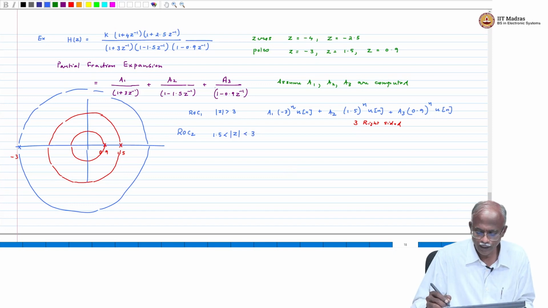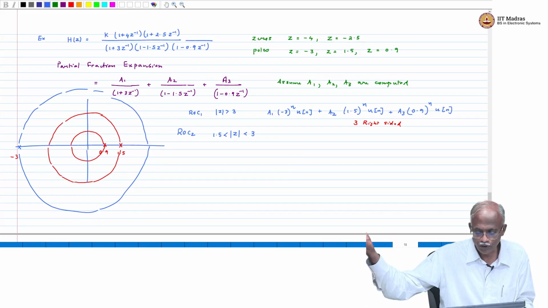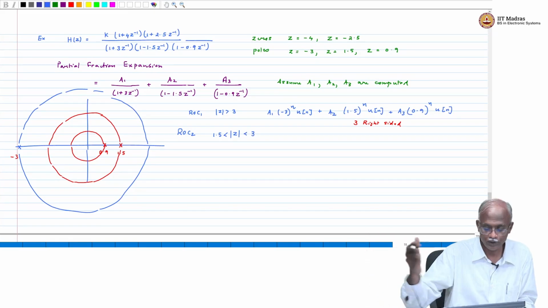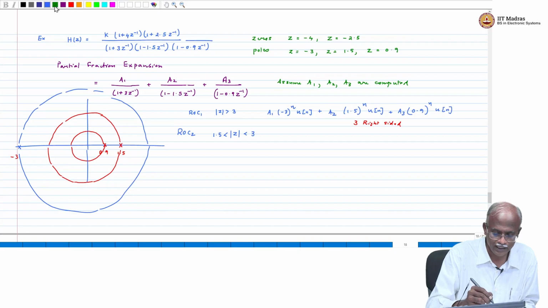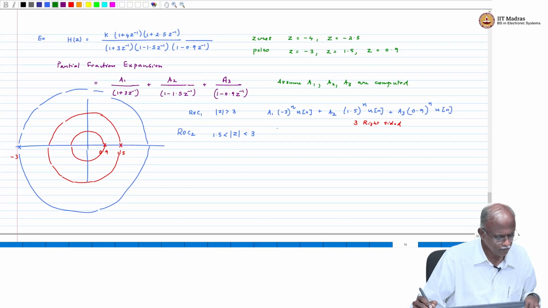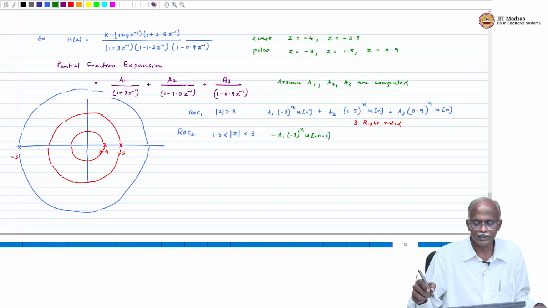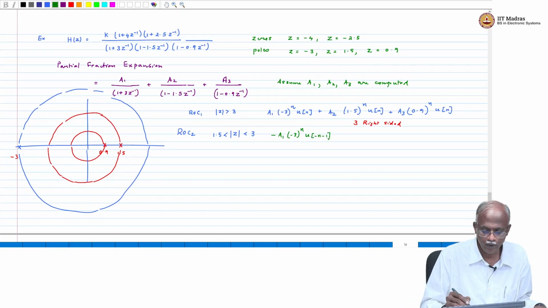The sequence corresponding to z equal to 3 will now be a left-sided sequence because you're taking mod z less than 3. Here is the expression for the sequence: minus A1 times minus 3 power n u of minus n minus 1. That is the sequence that corresponds to A1 divided by 1 plus 3 z inverse when you want it as a left-sided sequence.